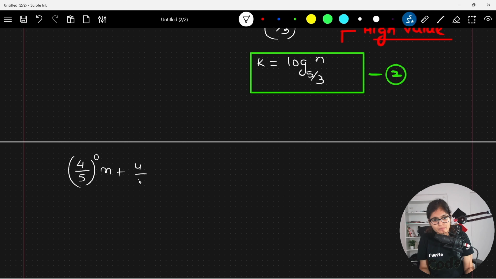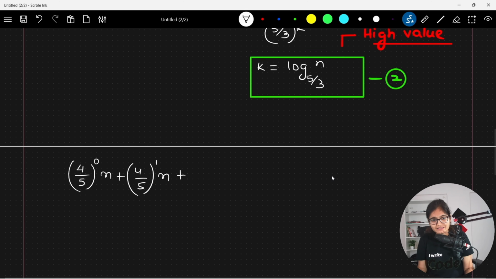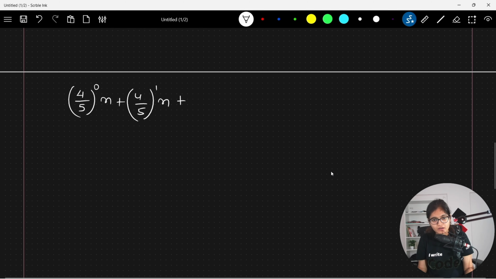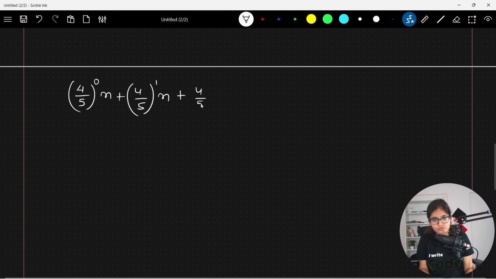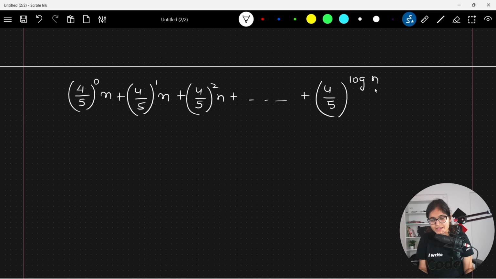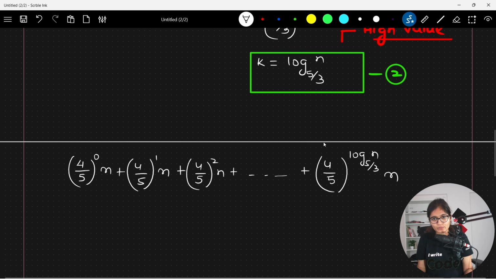At the next level it will be 4 by 5 to the power 1 into n. At the very next level it will be 4 by 5 to the power 2 into n, and so on. We will reach the last level, where k is log of n base 5 by 3, into n. This is what we are getting.